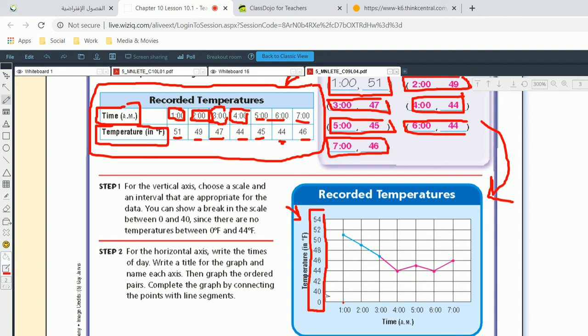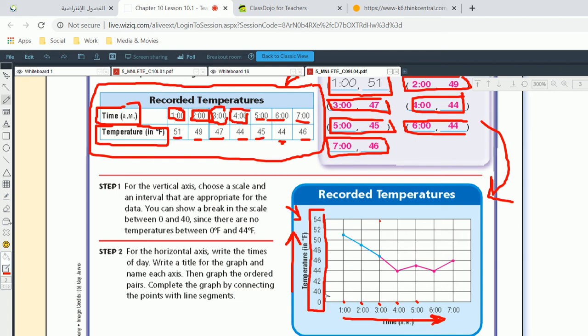Okay, then we put the point here as 1, 2, 3, 4, which is time. So the horizontal line here represents the time, and the vertical line represents the temperature.